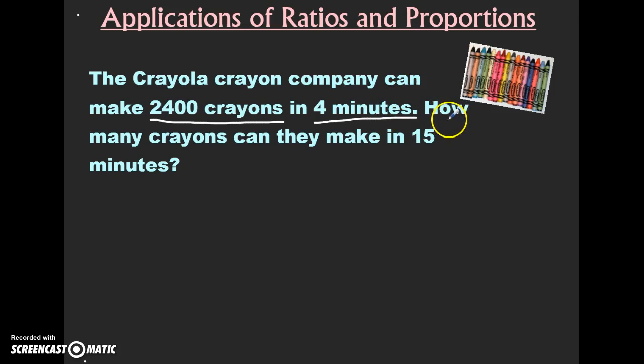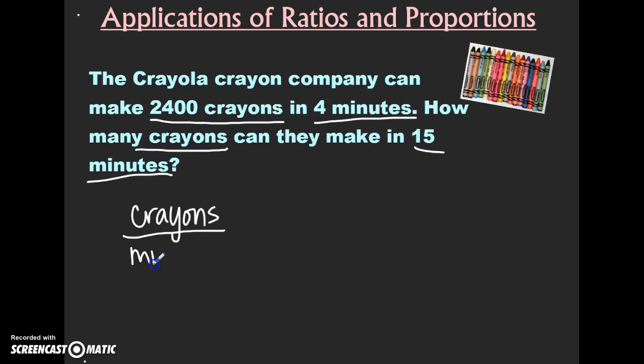Now we have this other situation where the time is 15 minutes, but we don't know how many crayons. Okay. Now, if you notice in both of these situations, we have these two variables. We have the number of crayons and the number of minutes it takes to make those crayons. So we can use that as our ratio, crayons to minutes.